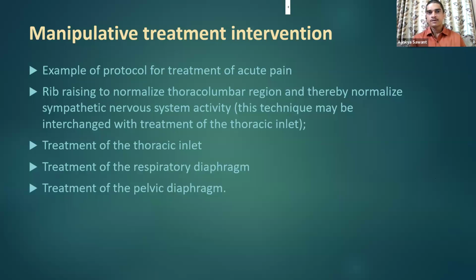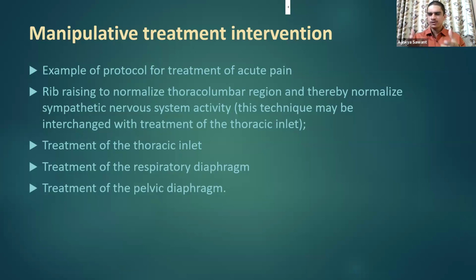And what is the pelvic diaphragm? There are two diaphragms, one is the abdominal diaphragm, one is the pelvic diaphragm, and third is the thoracic outlet. The thoracic outlet lies near your manubrium sterni and across the first rib.